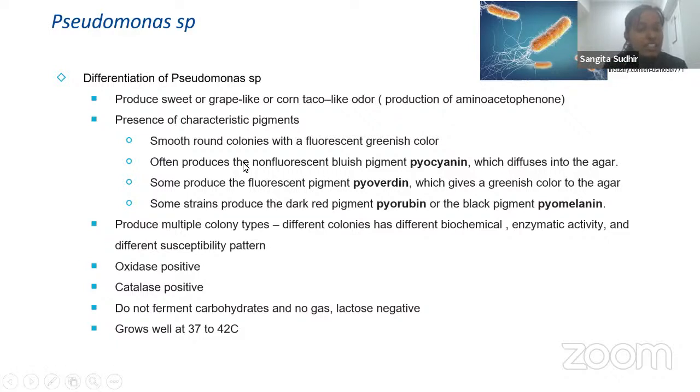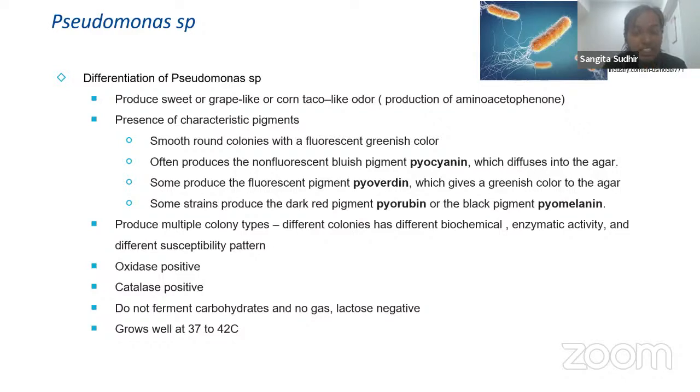Apart from that, they are oxidase positive, as I've already mentioned. They are catalase positive, and they grow well at 37 to 42 degrees Celsius. So four major things: a typical sweet, grape-like odor, the fluorescent greenish color due to the pigments, the ability to grow at 42 degrees Celsius, and being oxidase positive.